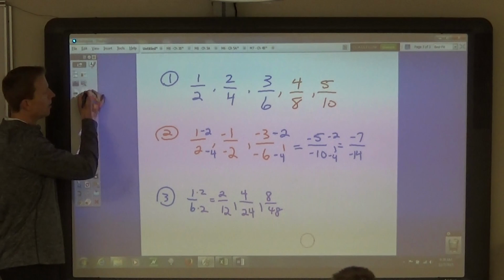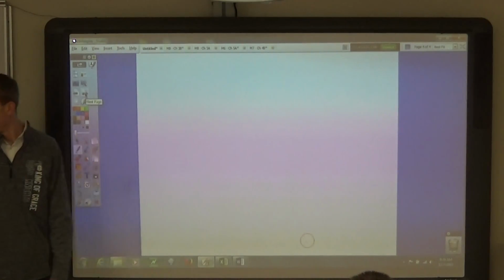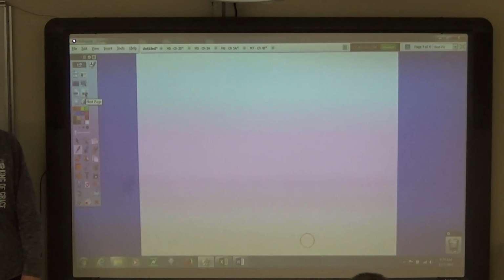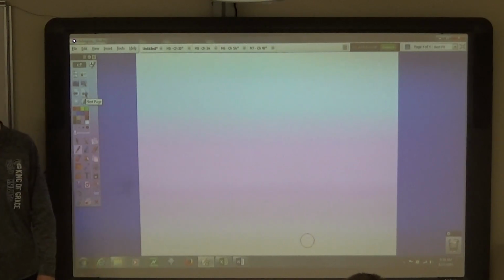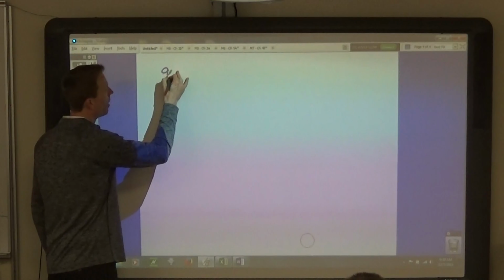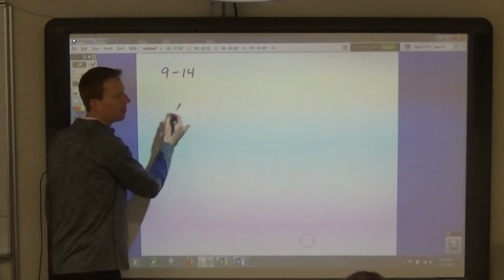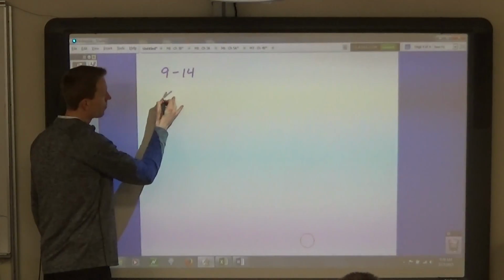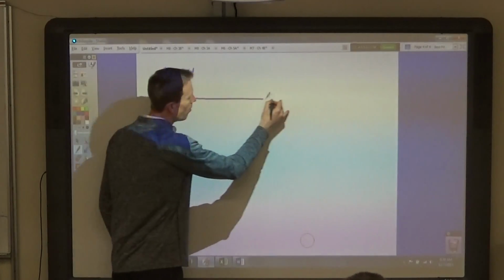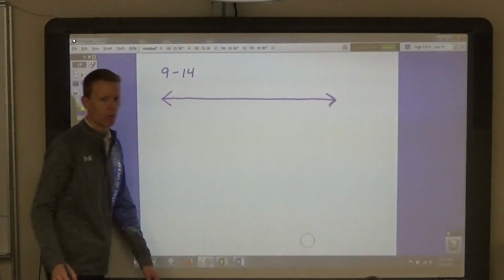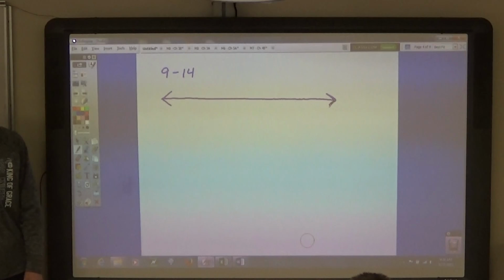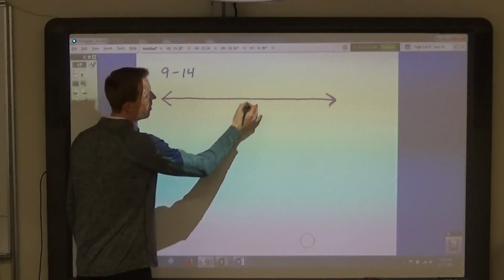Now, number 9. Actually, in 9 through 14, you can put those on the same number line. It says, graph these numbers on the number line. So mark 0 on your number line.